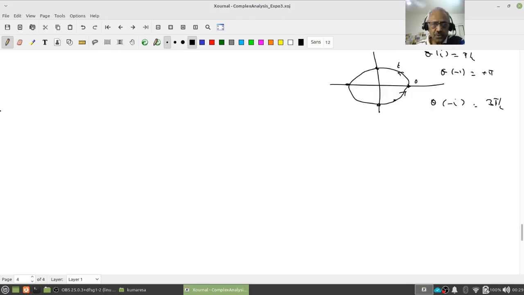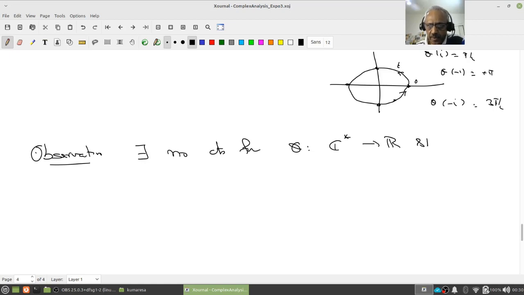So this is a theorem, a very important observation: there exists no continuous function theta from C star to R such that z is mod z e power i theta of z. That means intuitively no continuous choice of the argument.